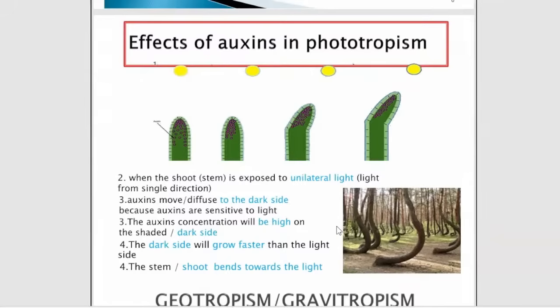When the shoot is exposed to unilateral light, the auxins move or diffuse to the dark side because auxins are sensitive to light. The auxin concentration will be high on the dark side, and the dark side will grow faster than the light side, leading to the bending of the shoot to the source of light.